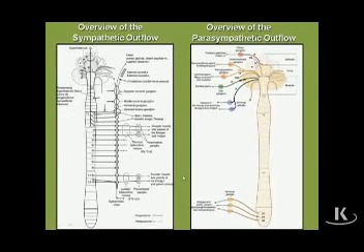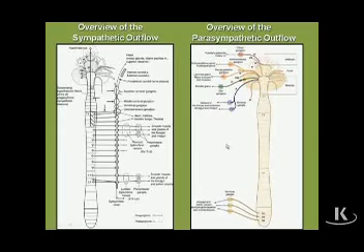So for sympathetics, the preganglionic cell bodies are from levels T1 to L2. For parasympathetics, they're at cranial and sacral levels. And that's why the sympathetic outflow is often called the thoracolumbar outflow, and the parasympathetic outflow is often called the craniosacral outflow.